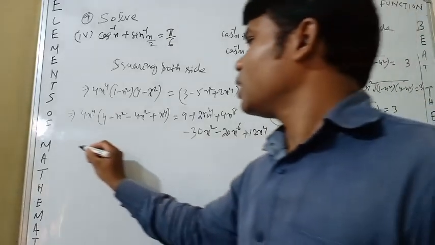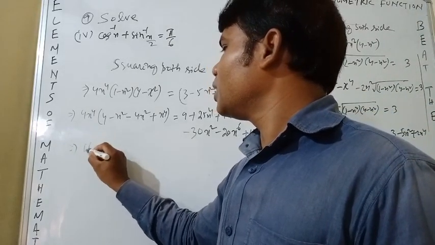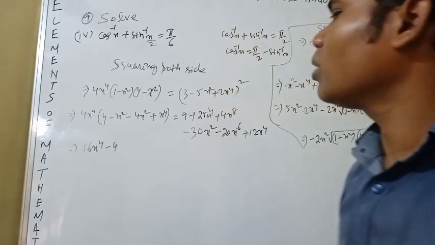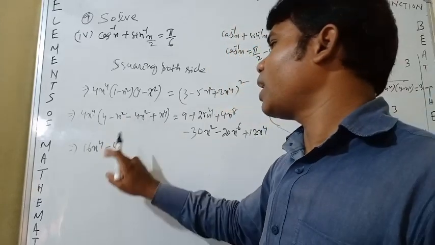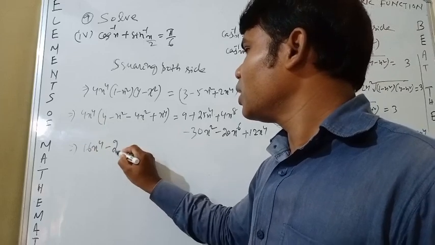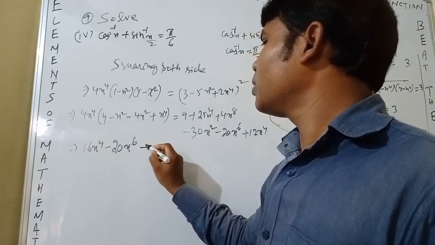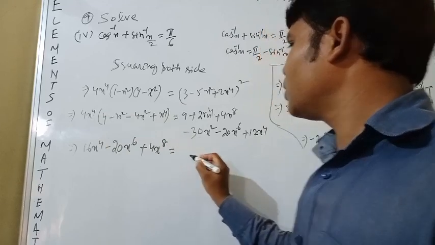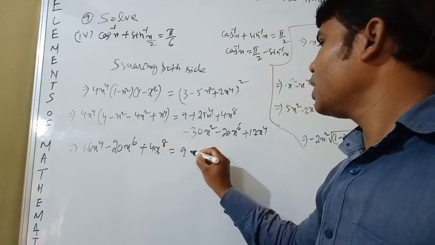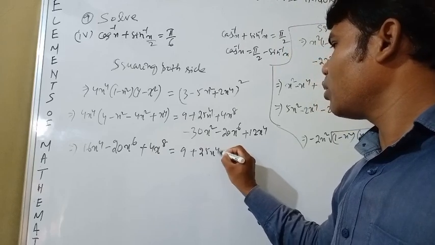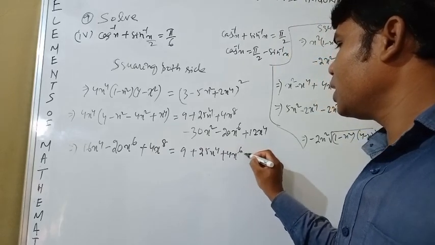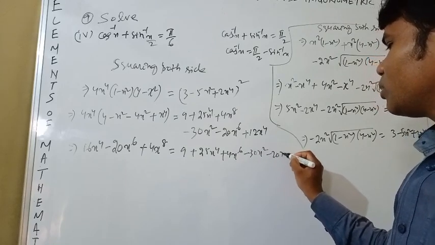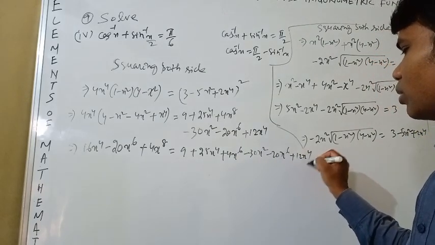Okay, this is equal to how much? 16 x^4 minus 20 x^6 plus 4 x^8 is equal to 9 plus 25 x^4 plus 4 x^8 minus 30 x square minus 20 x^6 plus 12 x^4.